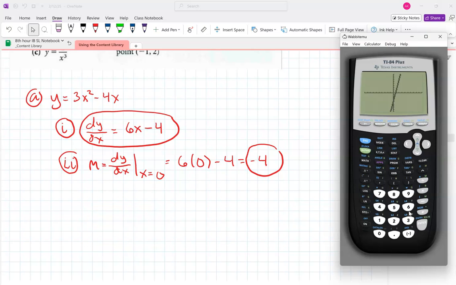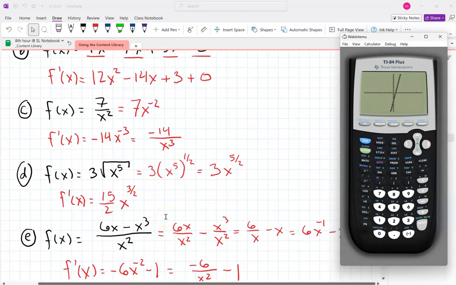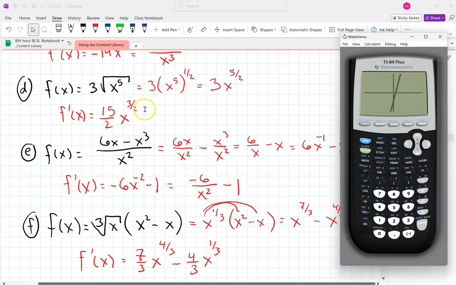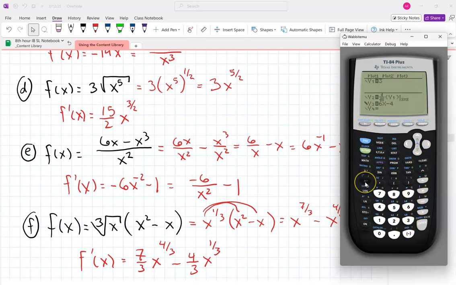But that makes every single one of these derivatives that I ask you to compute by hand checkable, right? So, for example, if we weren't sure about our answer for D, all I would need to do is type my function in here.